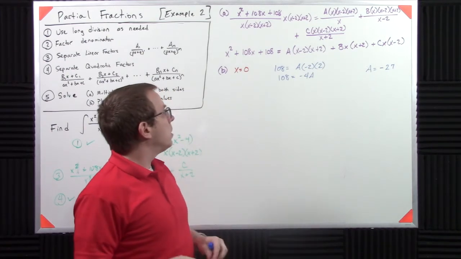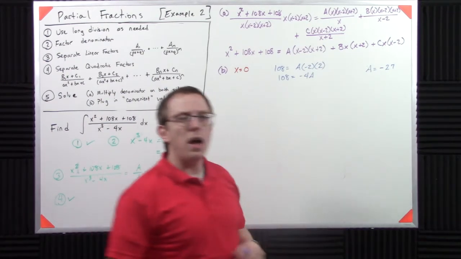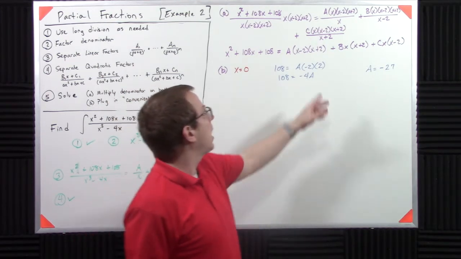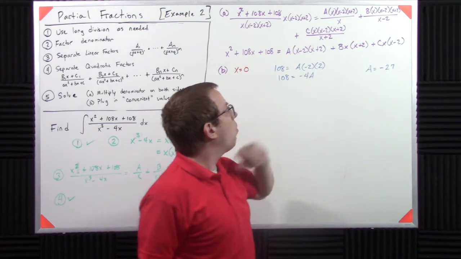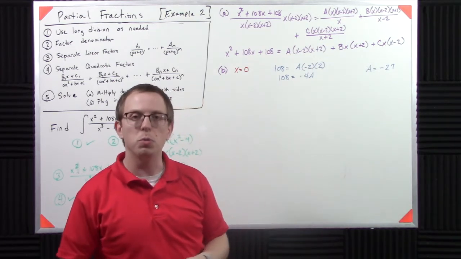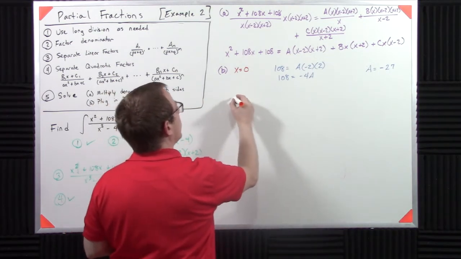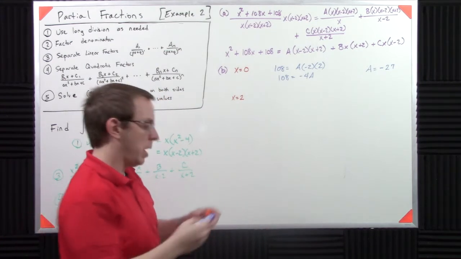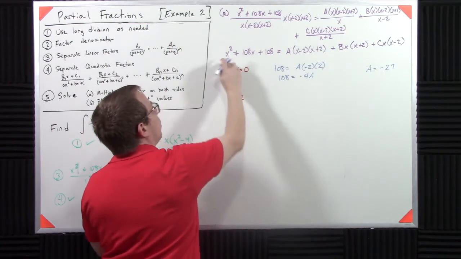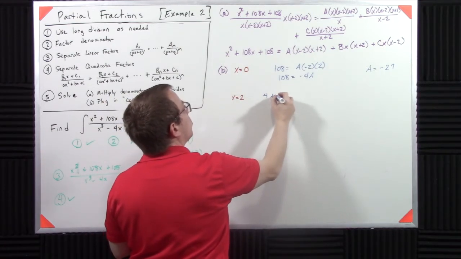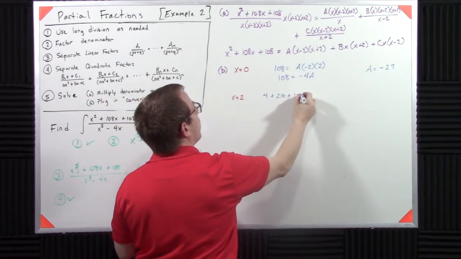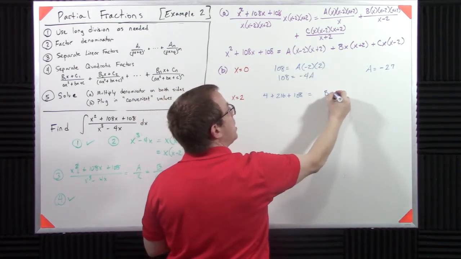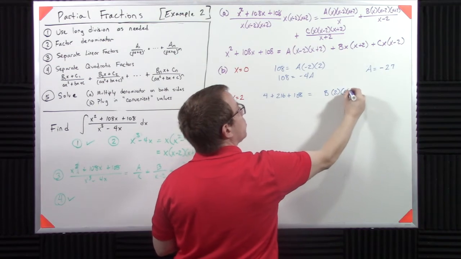Now I know what A is, but let's make some other things disappear. If I want to make a term disappear, I can use either plus 2 or minus 2. It doesn't matter, so let's use plus 2 for now. If I plug in 2, I get 4 plus 16 plus 108 equals 0 for the A term, then B times 2 times 4.